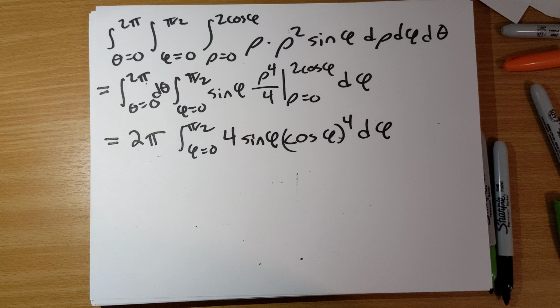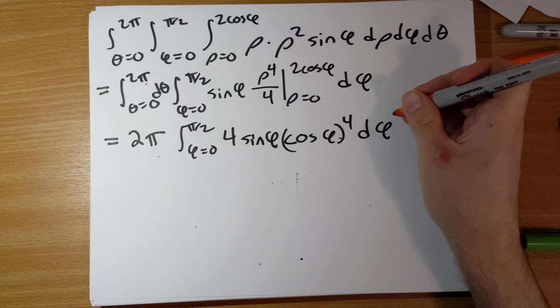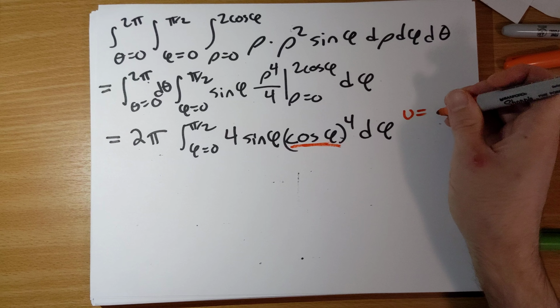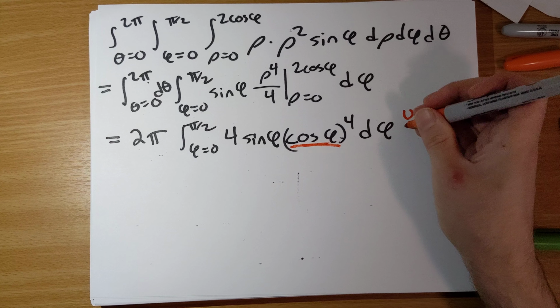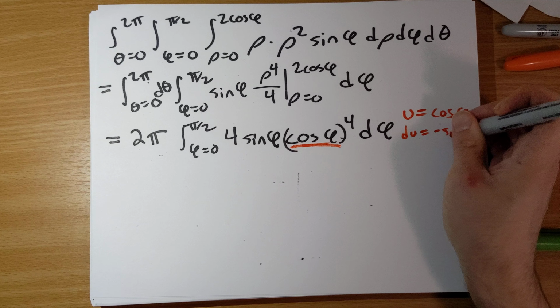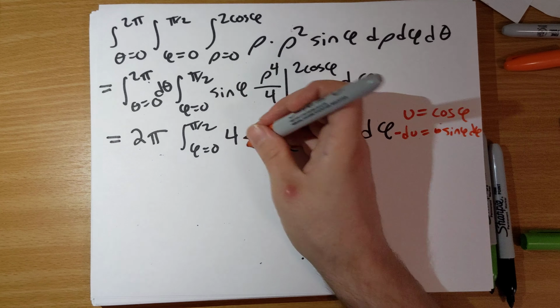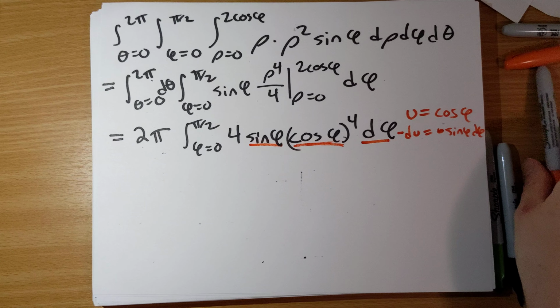Just as in the previous problem, we do a substitution here. We substitute u equal to cosine phi, du equal to negative sine phi d phi, so negative du is equal to sine phi d phi.